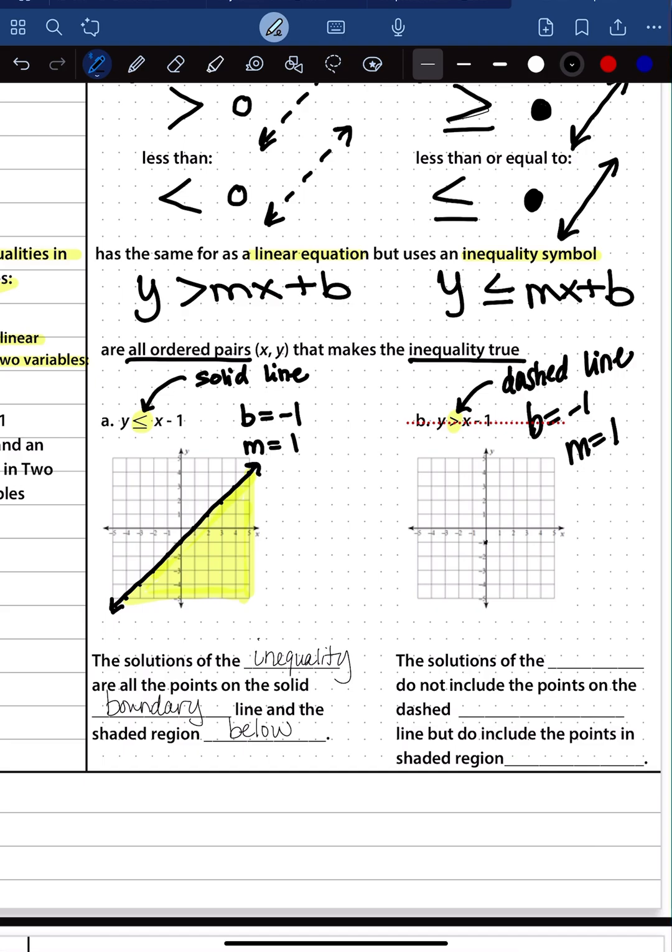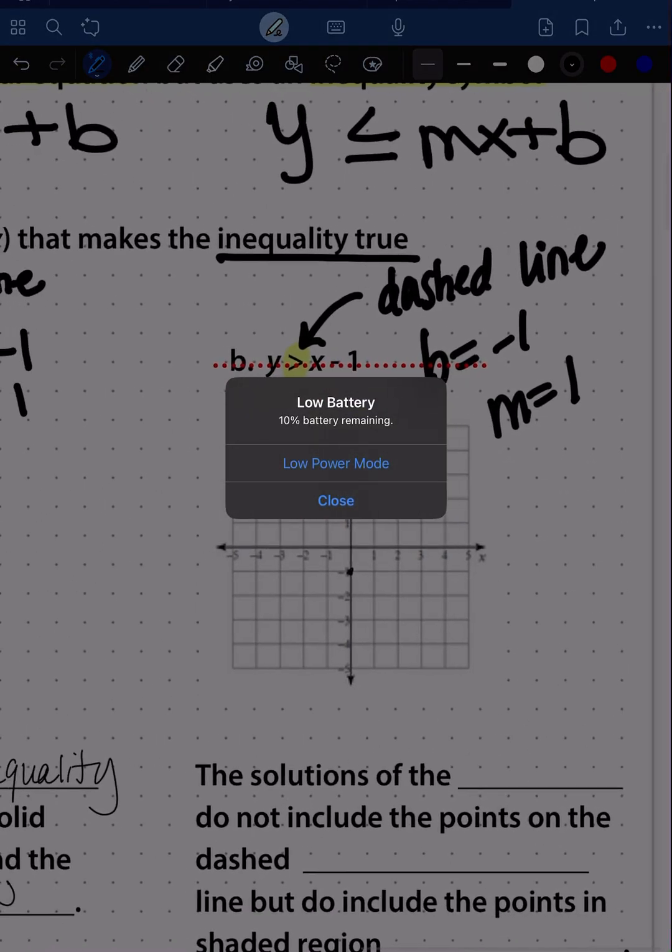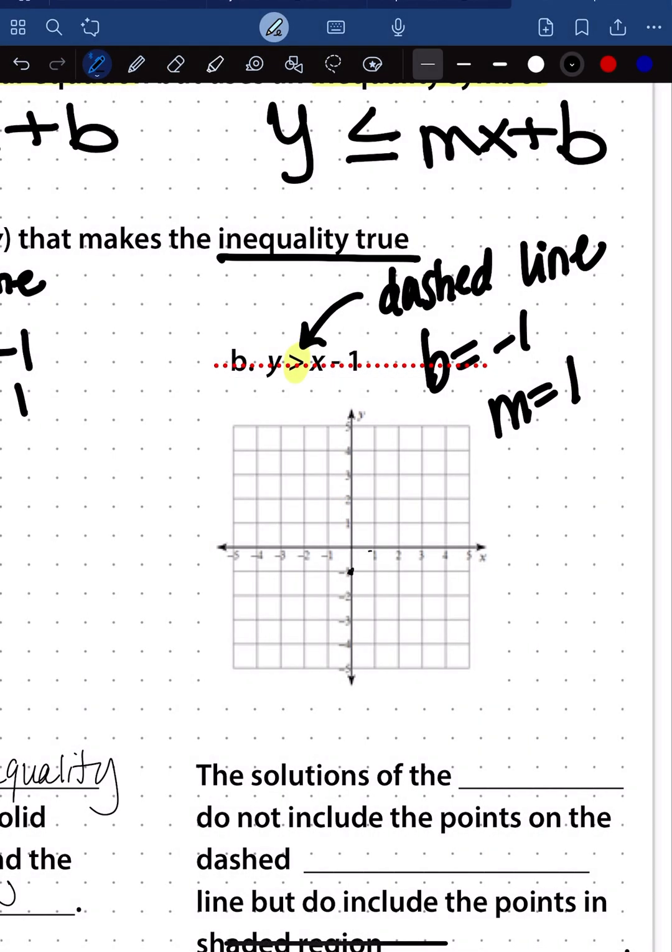So we're going to go to the y-intercept, and the slope is the same. It is 1. Because it is greater than, this will be a dashed line instead of a solid line.